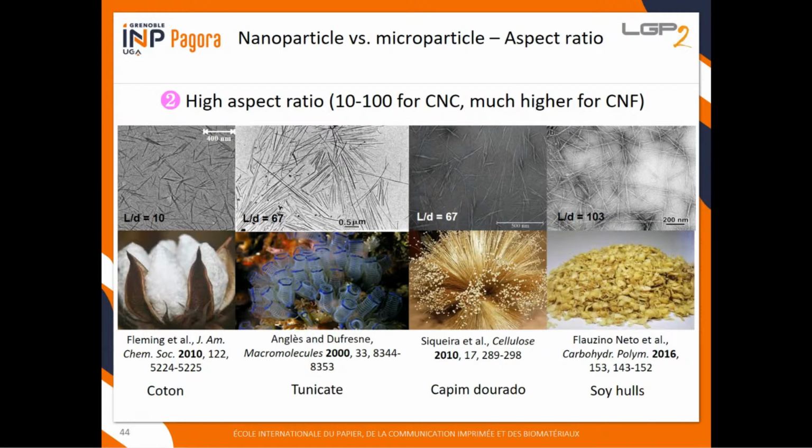It is used for jewelry and other purposes. In fact, I had a Brazilian PhD student that brought some fibers and we prepared nanocrystals. And you can see that, again, the aspect ratio is quite high. And this is another example of cellulose nanocrystals with an aspect ratio close to 100 for nanorods or nanocrystals extracted from soy hulls.